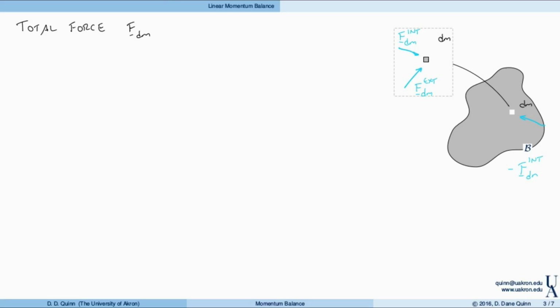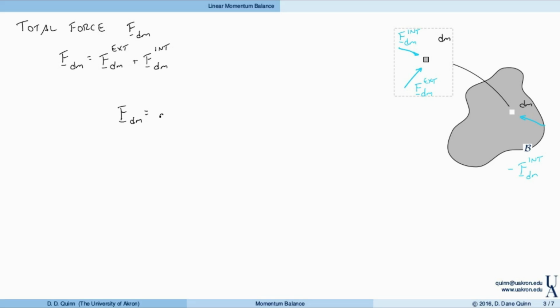So now we'll write F dm as the sum of the external forces and internal forces. So now what we can do is take linear momentum balance for this mass element.